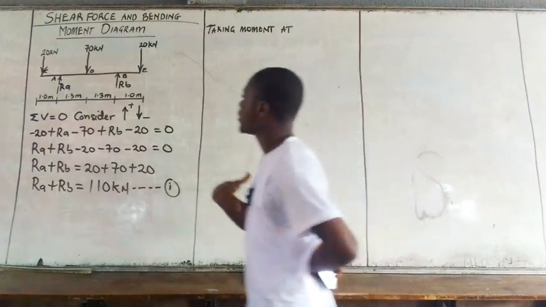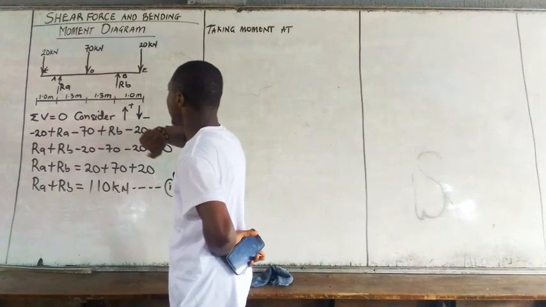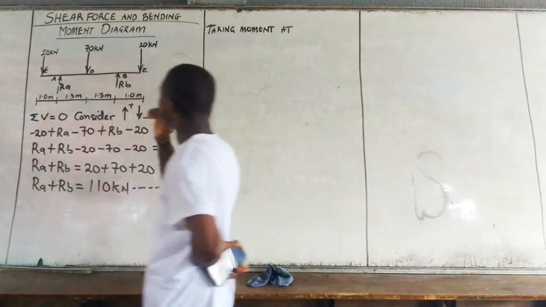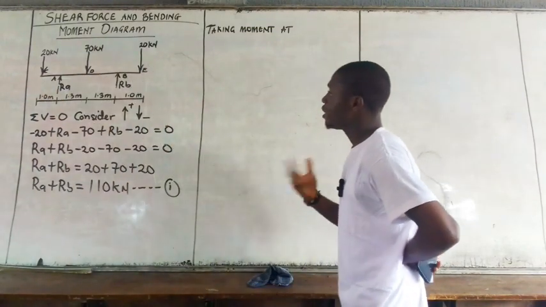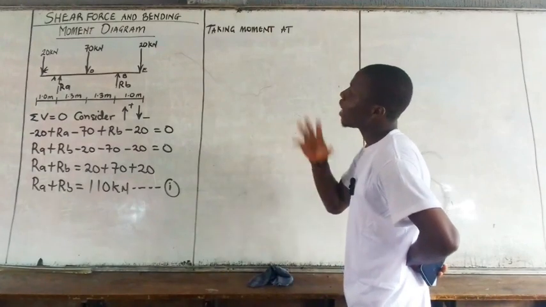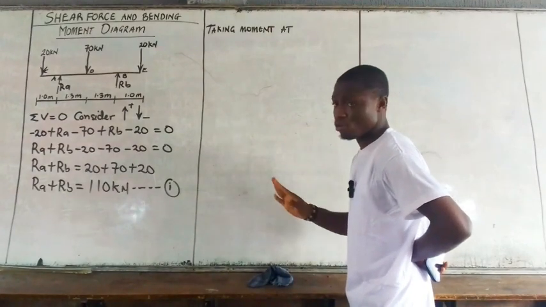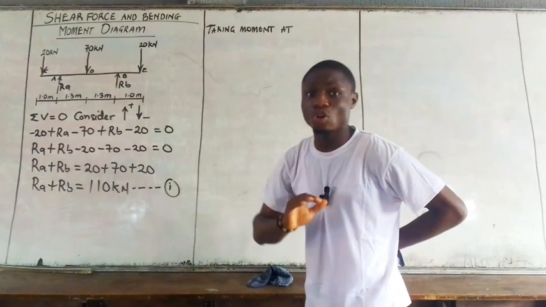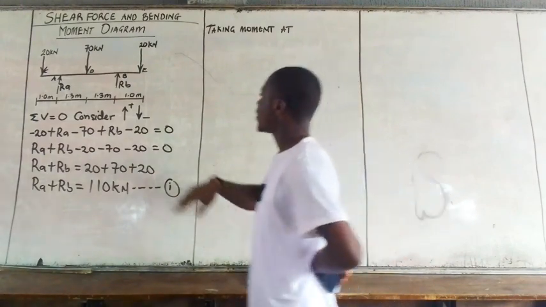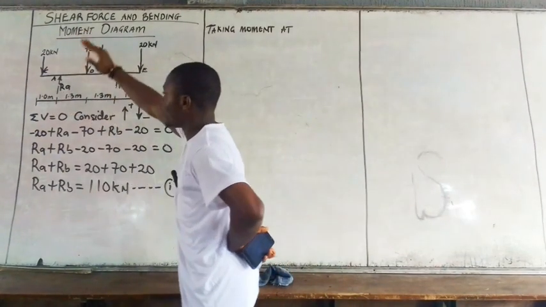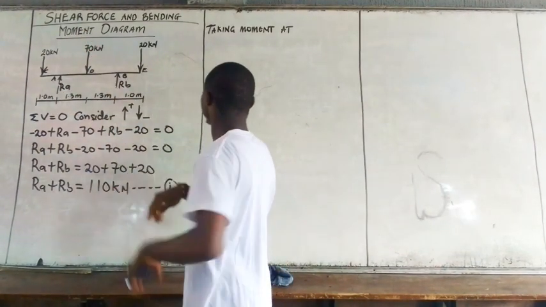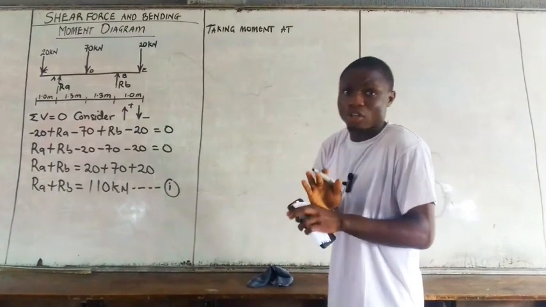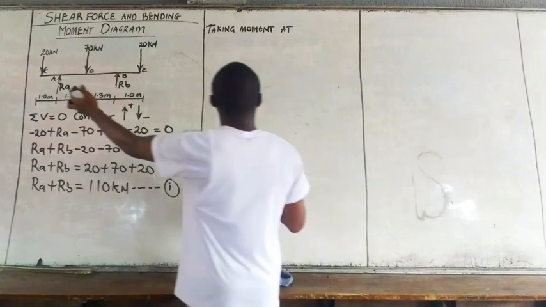In this case, I can decide to take moment at point B or at point A. If I take moment at point A, it simply means that every force acting at that section has zero moment, because the moment at the point you take moment from is always zero. So let's just take it at section A.